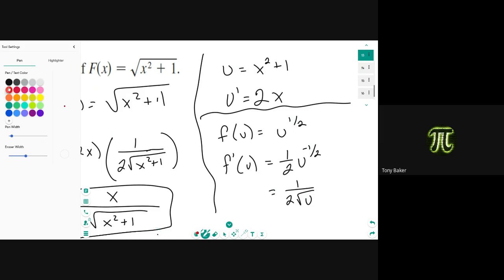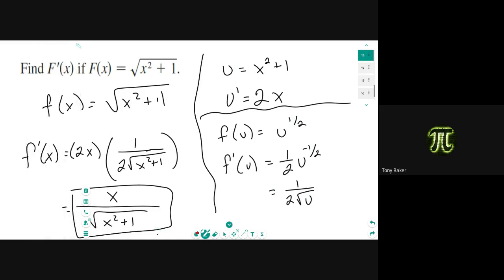So this is u prime and f prime of u. No, do not rationalize the denominator. That's okay. Yeah, it's not going to help you, and a lot of times it's going to make your problems a lot more complicated than it has to be.